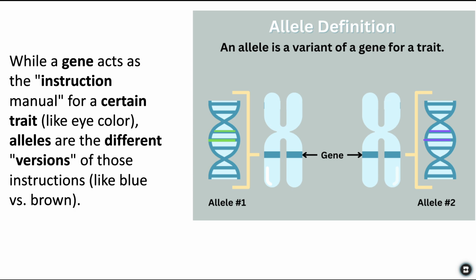The first one is understanding the difference between a gene and an allele. A gene is a small section of your chromosome that is like the instruction manual for one certain trait. For example, in this slide right here, this entire structure is a chromosome.